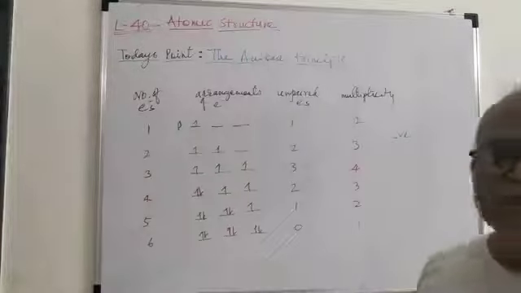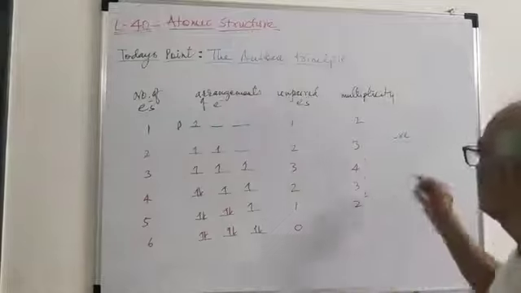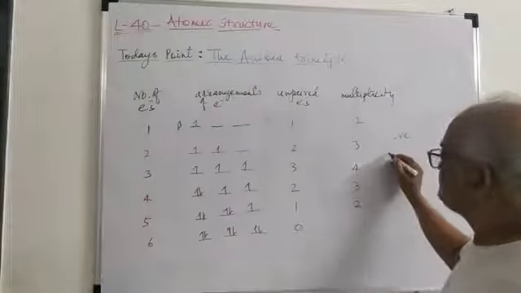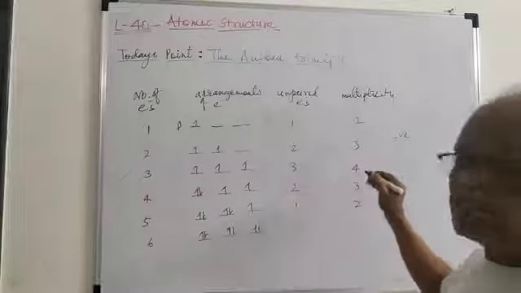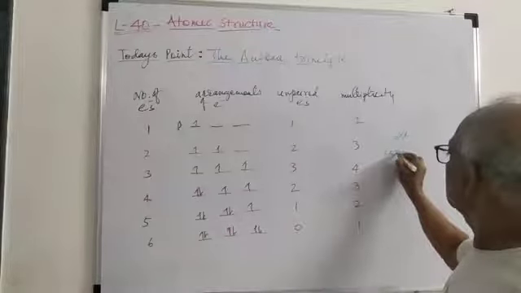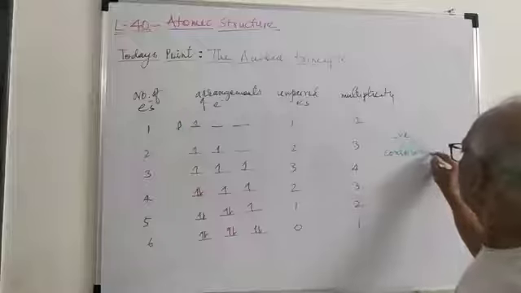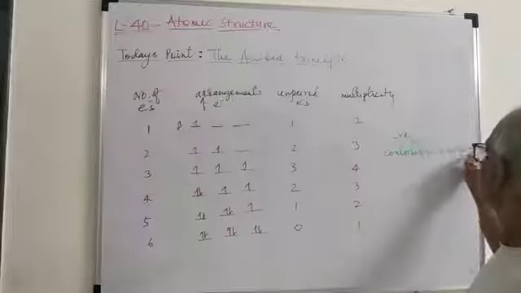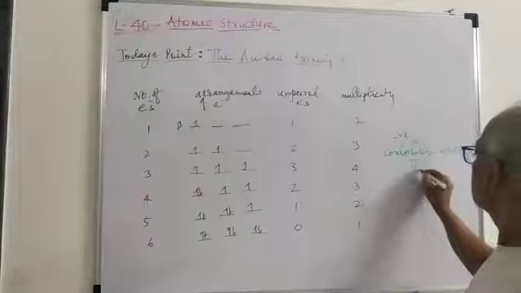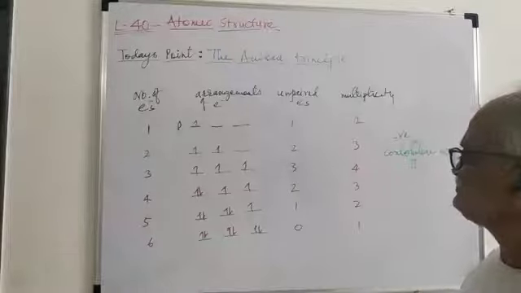So the energy associated with this repulsion is called the Coulombic energy, and this is indicated by pi c.